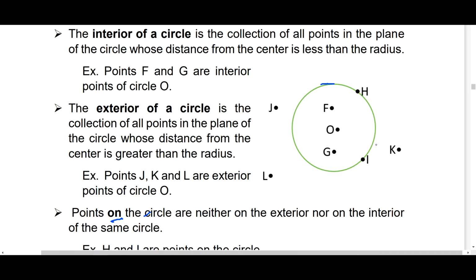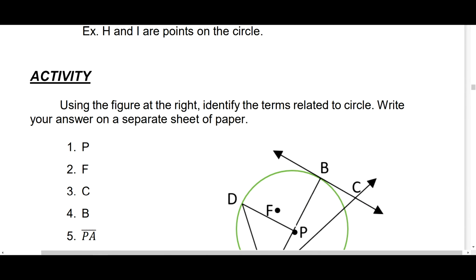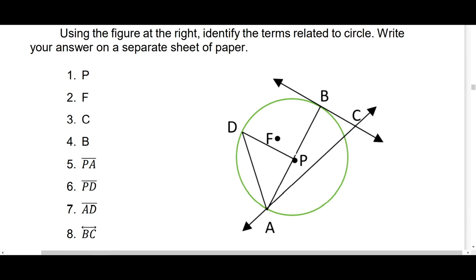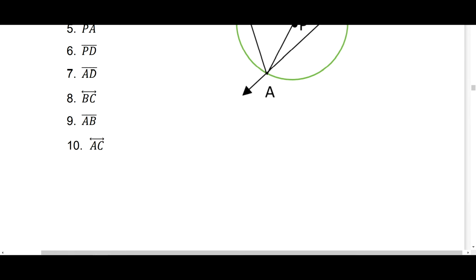Andun siya sa linya nung circle. Ito yung on. But that's on the circle. Okay, next. So, as you can see on this figure, what are the terms? Right? Yan, sasagutan nyo pala yan.